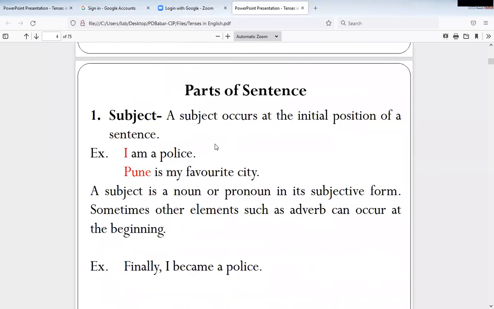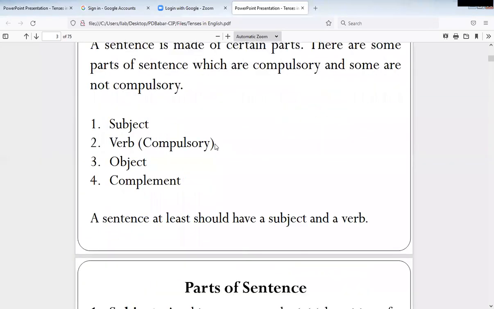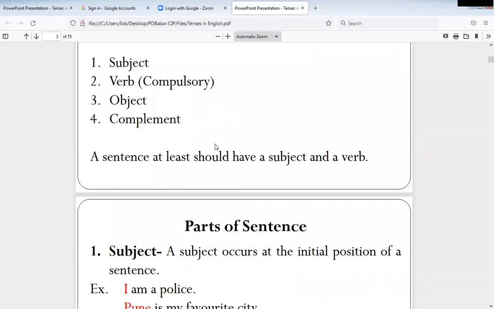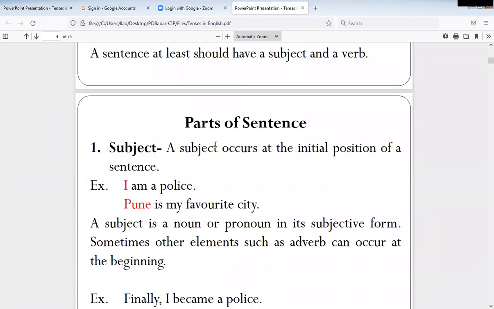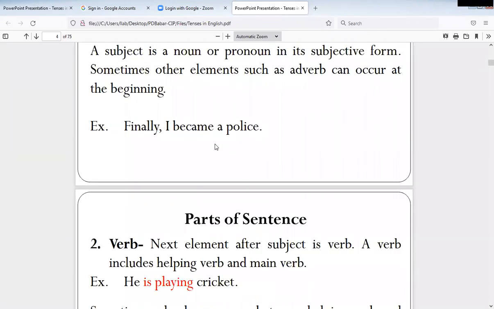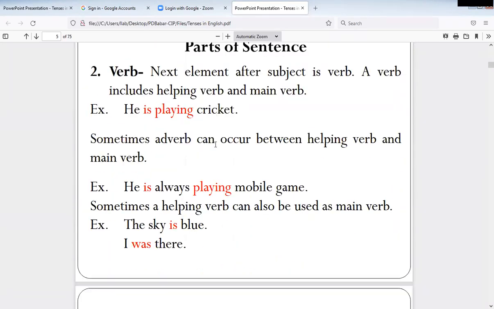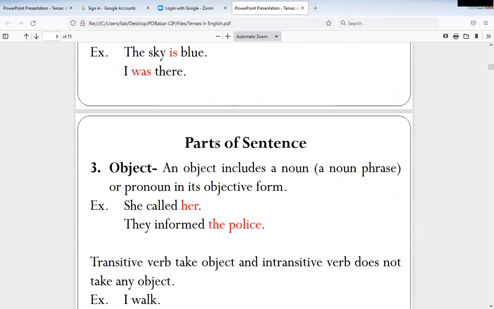We also discussed the parts of a sentence, that is subject plus verb plus object plus complement. And we also discussed the definitions and examples of these four parts of sentences.